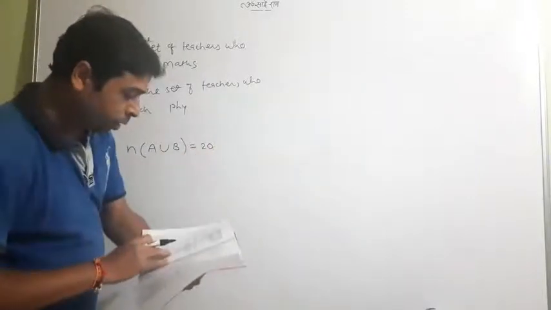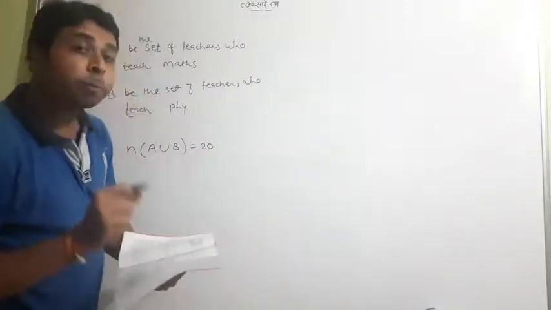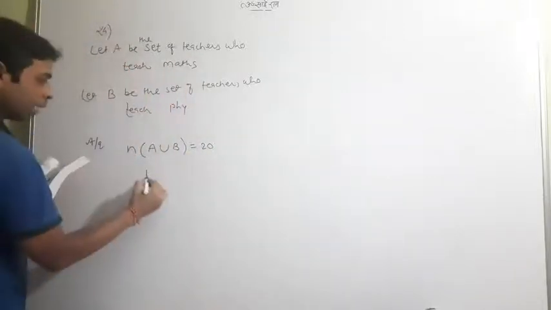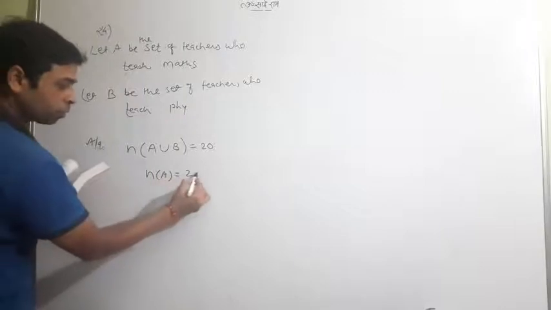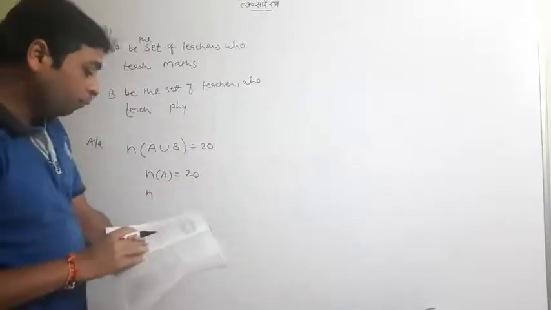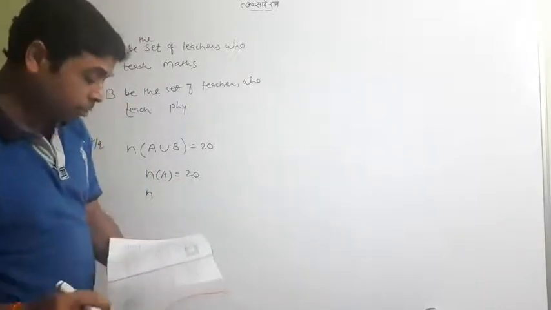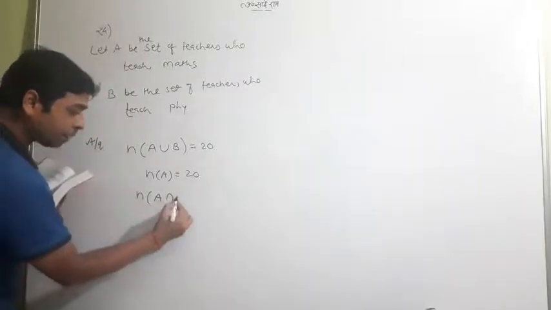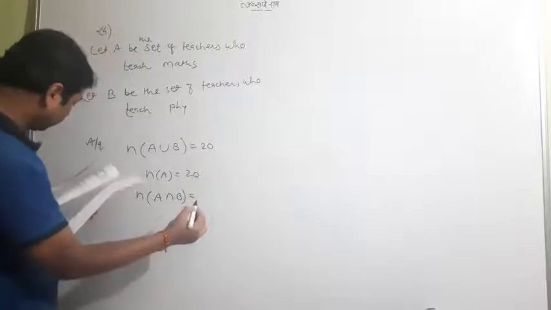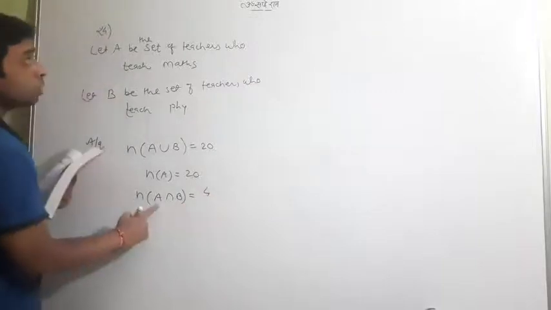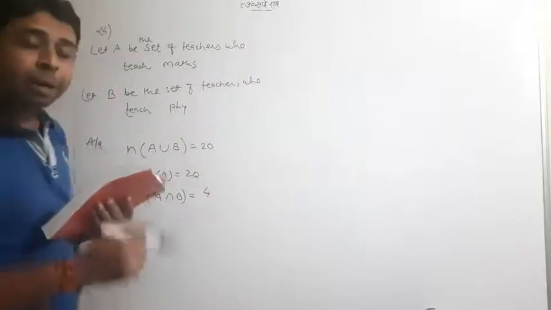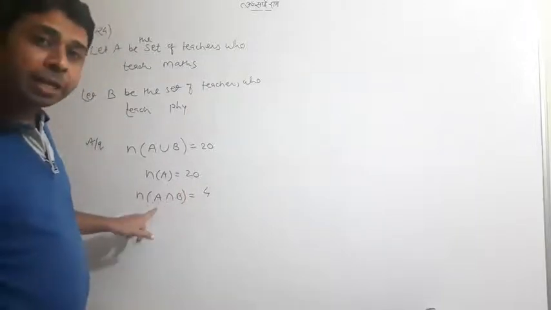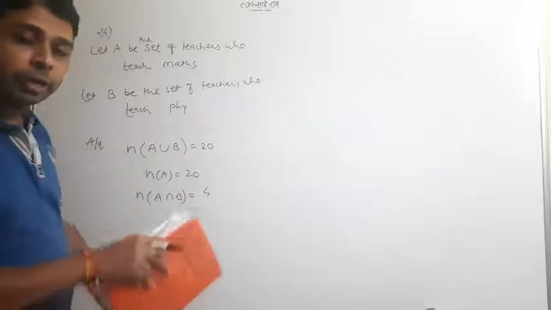Next, of these, 12 teach mathematics, this is N of A. And 4 teach both physics and mathematics, both meaning A and B. So N of A intersection B equals 4.